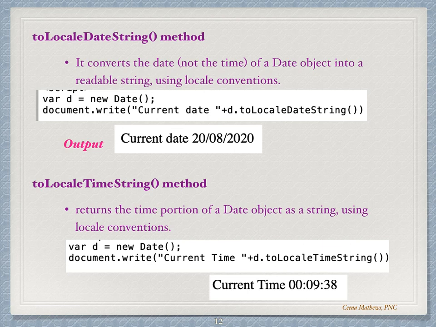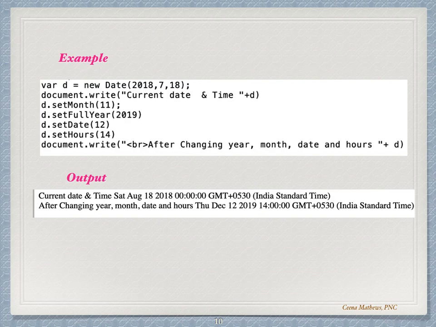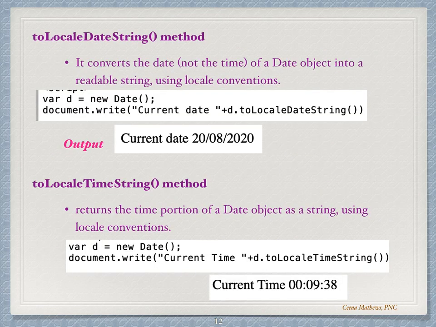It will be displayed in this format using slash format. The full date is not displayed. As we saw in the previous examples, it displayed the month as August, and a weekday was displayed, like Saturday, August 18. But when toLocaleDateString is used, it displays the date in the format which we use.